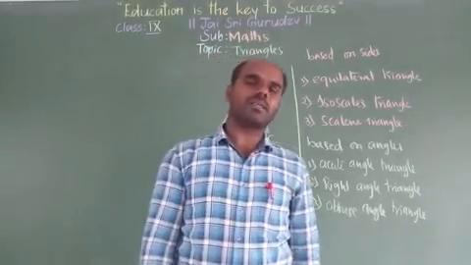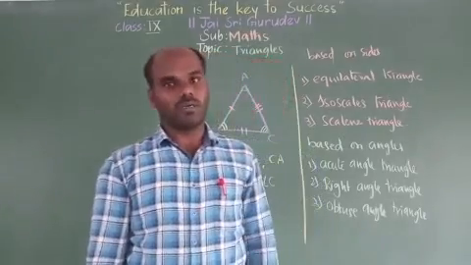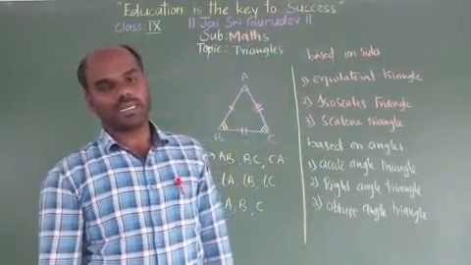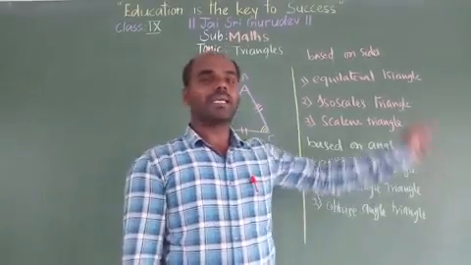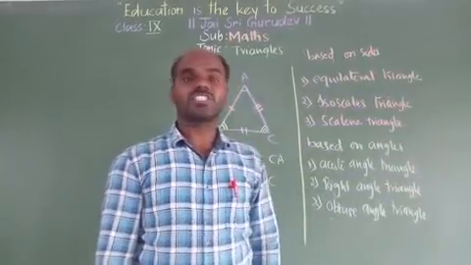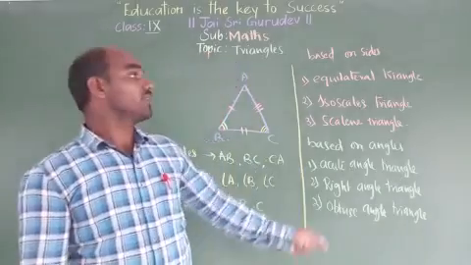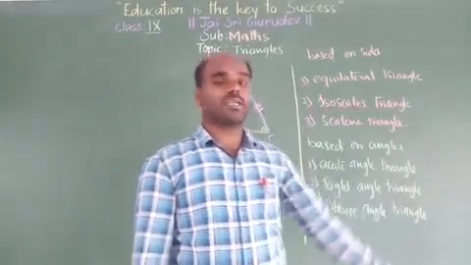When the three sides are equal, their angles are also equal. Such a triangle is called an equilateral triangle, and each angle in it is 60 degrees.